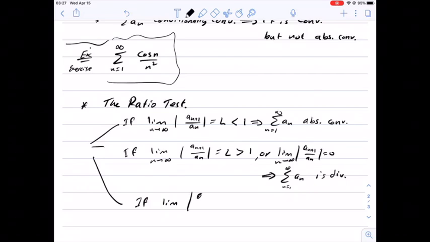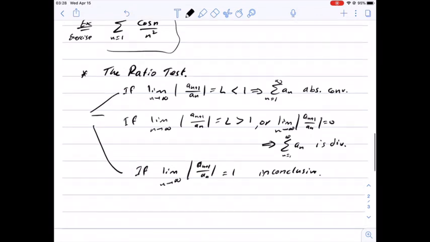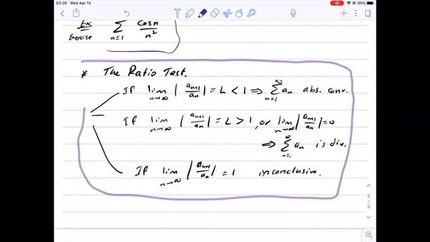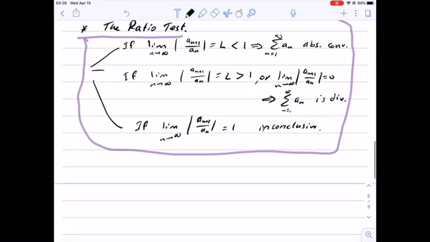The third case, if the limit of a_(n+1) over a_n as n goes to infinity is equal to 1, then the test is inconclusive. So this is the ratio test.